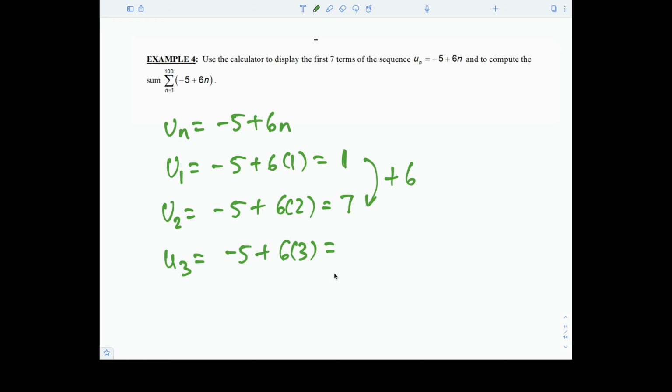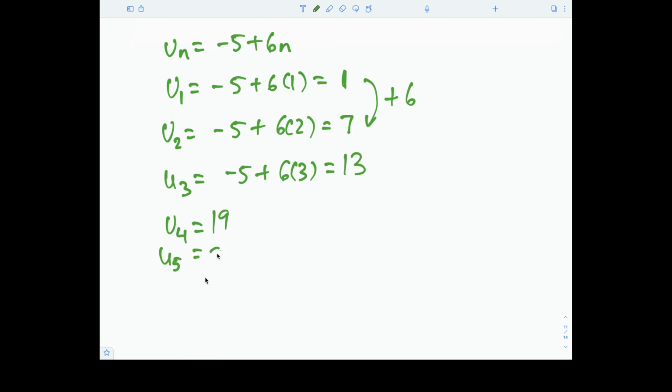Whether you do 18 minus 5 or 7 plus 6, you get 13. So u_4 is plus 6, so that's 19. u_5 is plus 6, so 25, and u_6 is plus 6, which is 31.